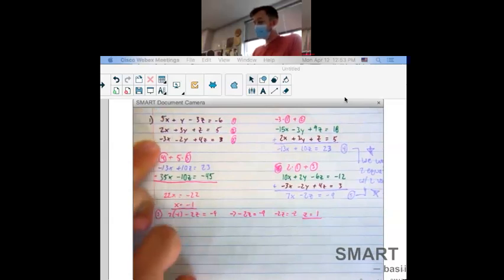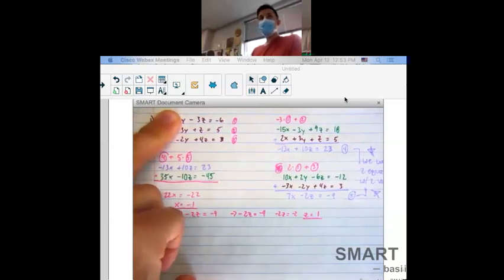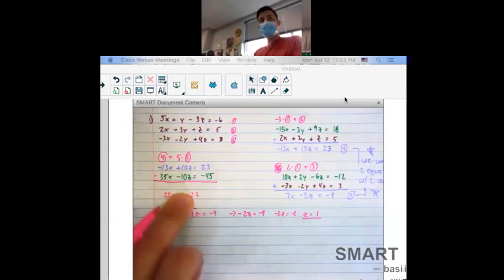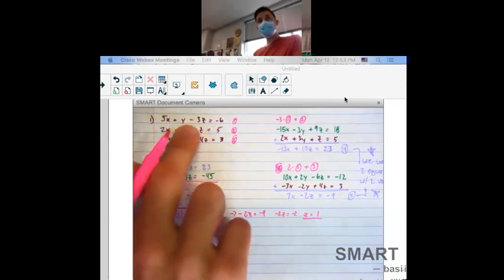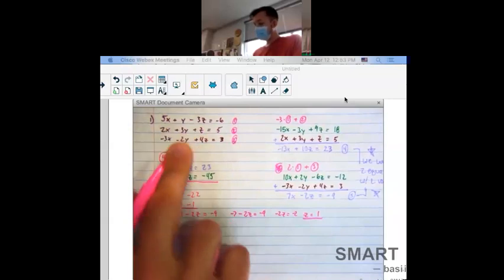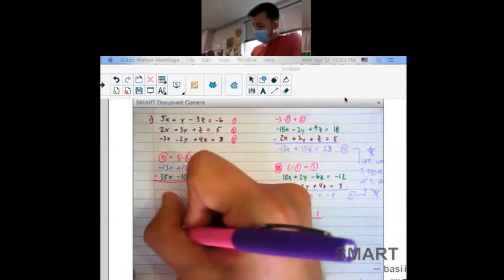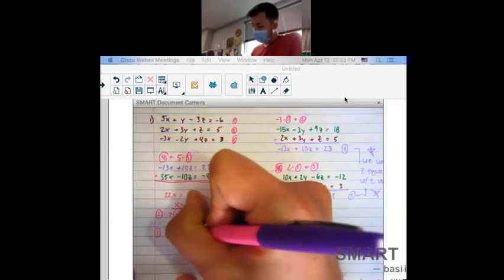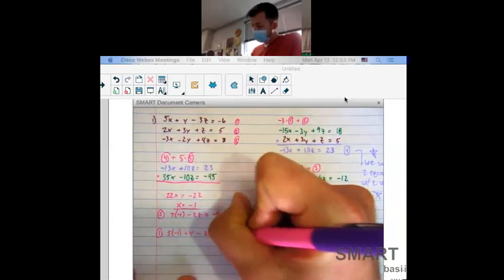I'm going to use one of the original equations to find y. Right? So find x, go backwards, find z, go backwards, find y. You do have to follow the order that you established earlier. If I just look at this, I see the first equation has a lonely y, so I'm going to use the first equation to find y, not the other two. So 5 times negative 1, which is x, plus y, minus 3 times 1, which is z.